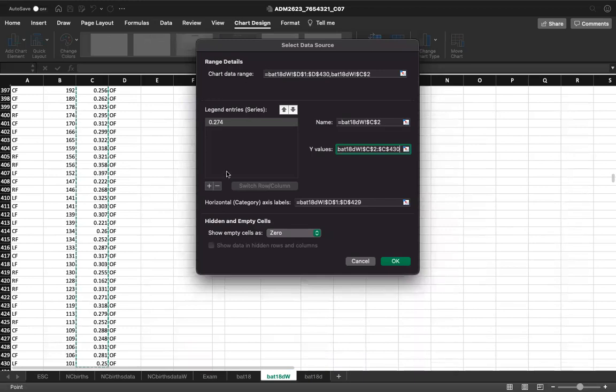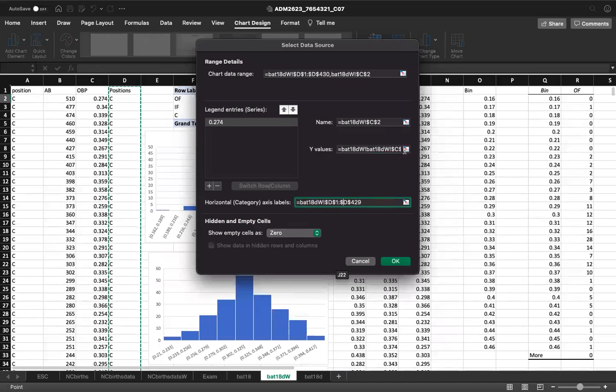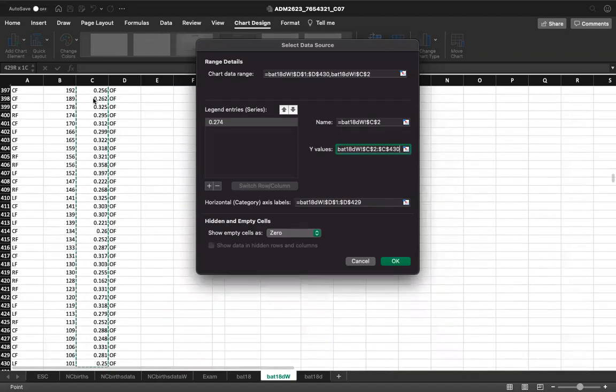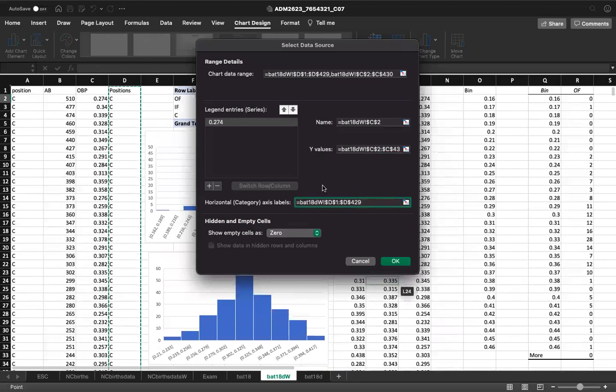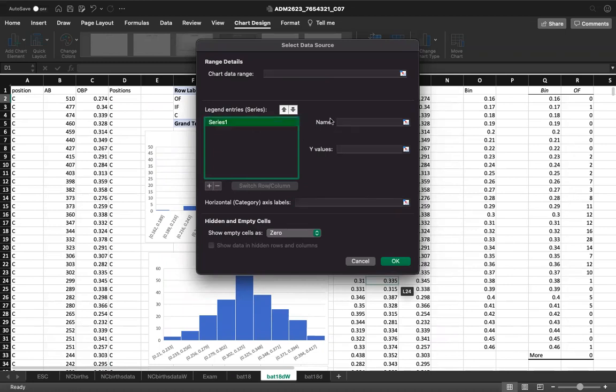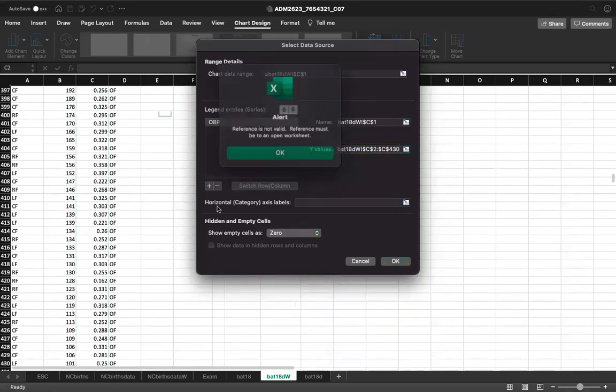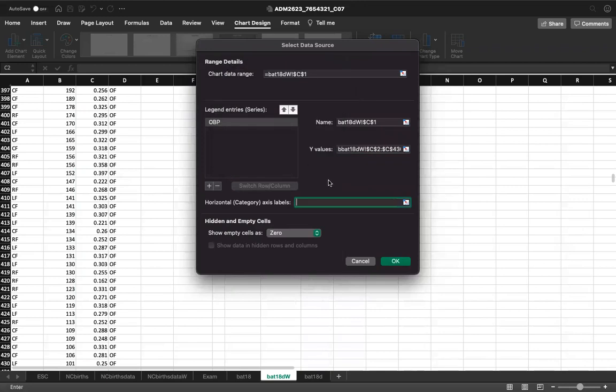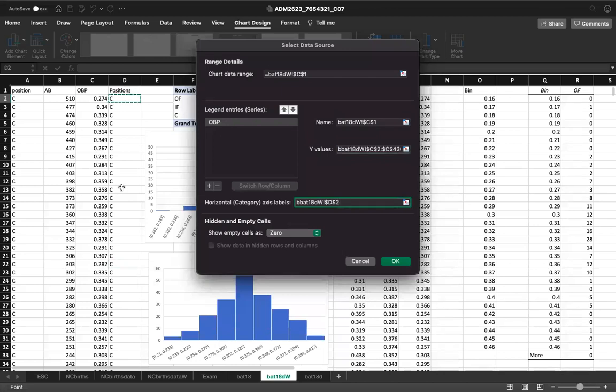Select the values from here. Name comes from here, data comes from here. X values come from here.